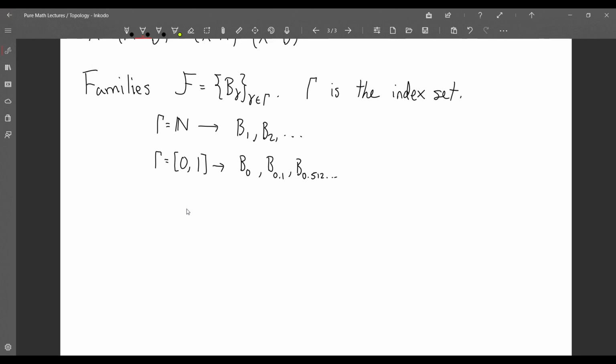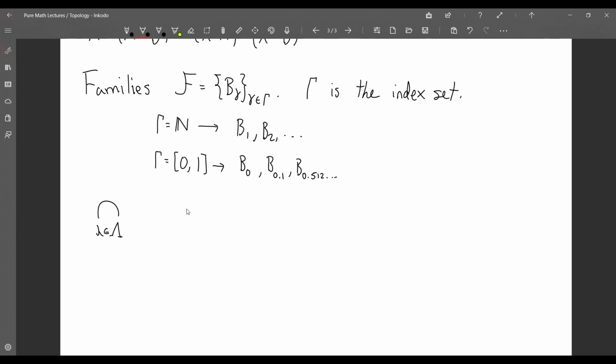Now for families of sets, we can define unions, or I guess intersections. I wrote intersections first. A lot of the times you will see a lowercase Greek letter and then the corresponding uppercase letter.